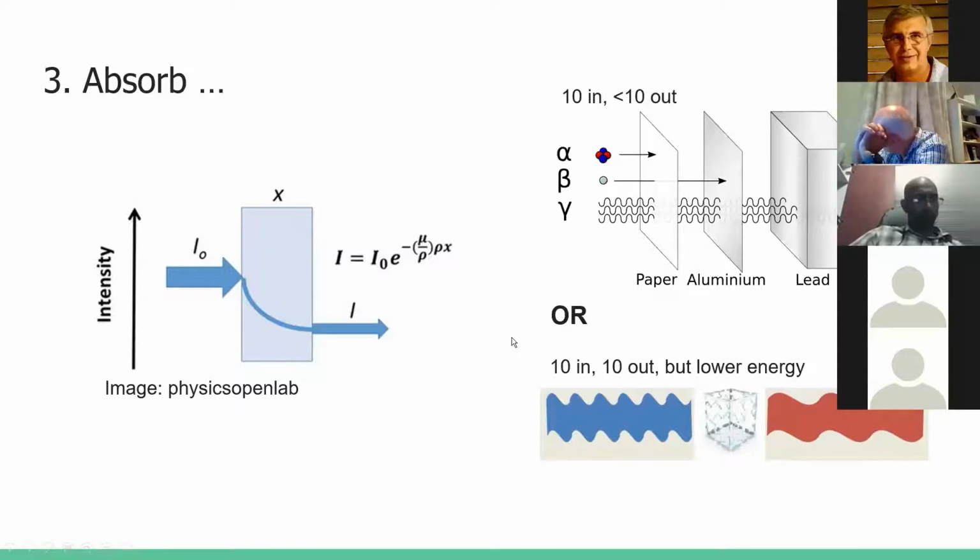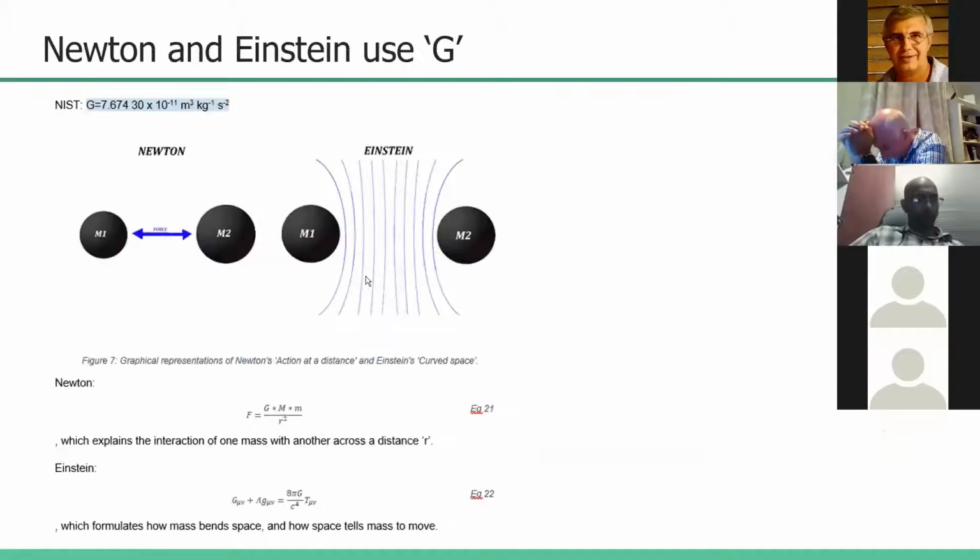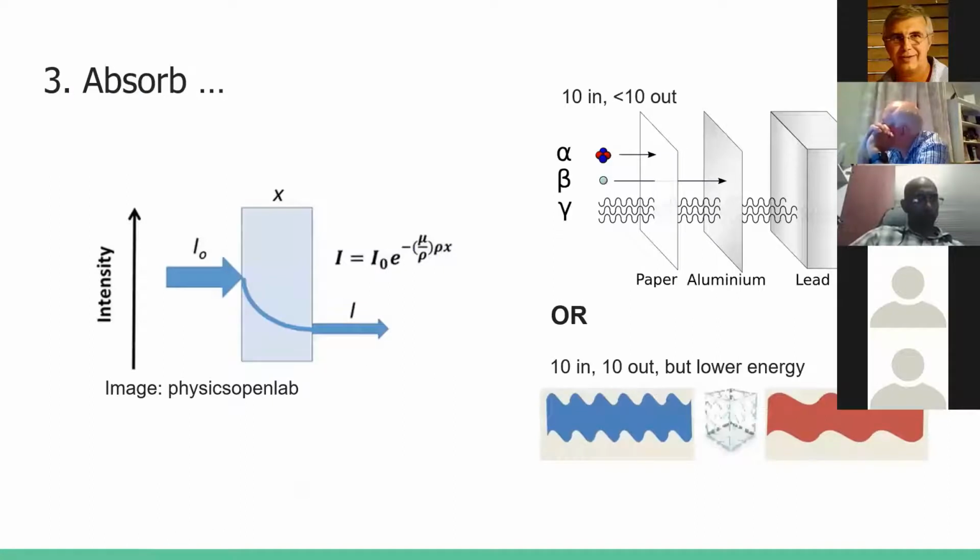Then there's an alternative way where we have 10 in and 10 out. But in their transit, a little bit of energy is lost. Now, we can't just make energy disappear. Sorry, I think I have an outdated PowerPoint, but there has to be a little bit of energy that escapes because we can't just make energy disappear. But if you think, for instance, where we had the glass and the photon was moving through it, if that glass actually moved a slight bit, then work was done.